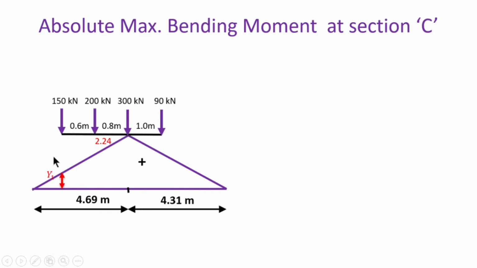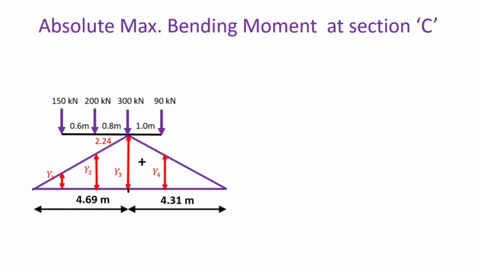Then y1 is the ordinate of this ILD under the 150 load, y2 is the ordinate of the ILD under the 200 kN load, y3 is the ordinate of the ILD under the 300 kN load, and last, y4 is the ordinate of the ILD under the 90 kN load.